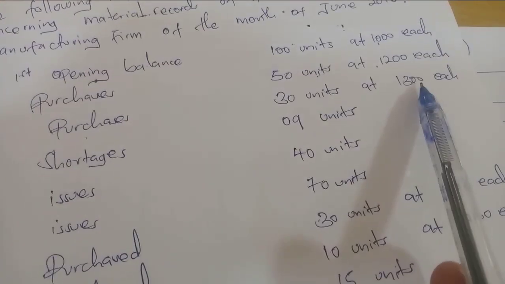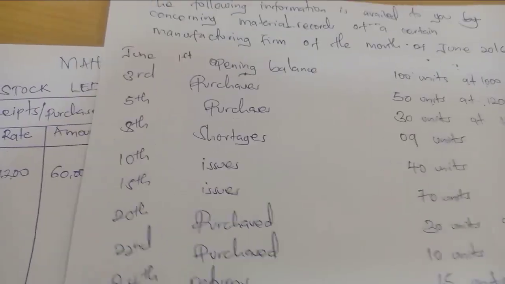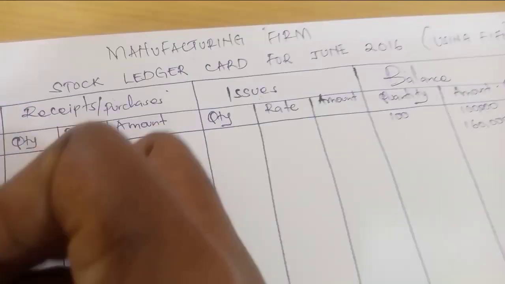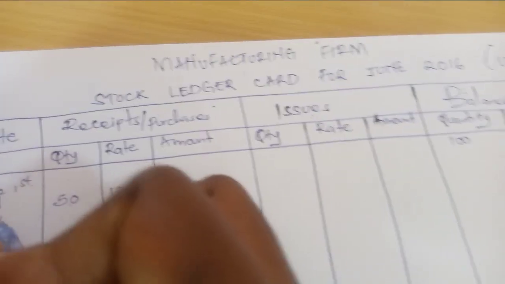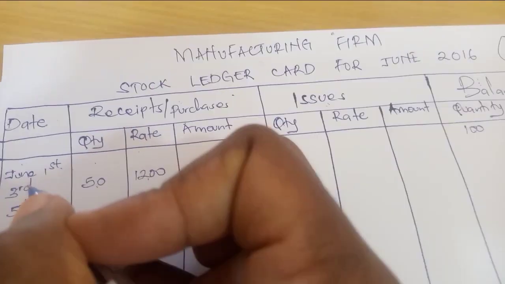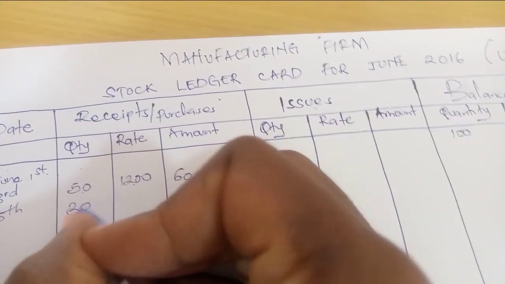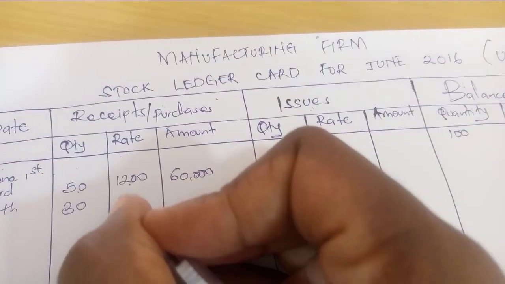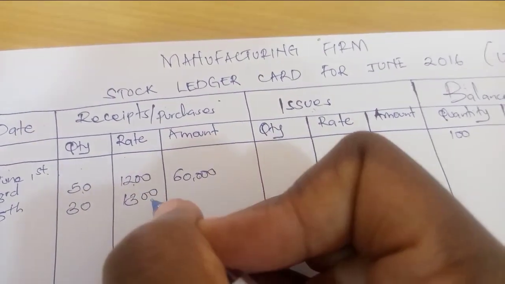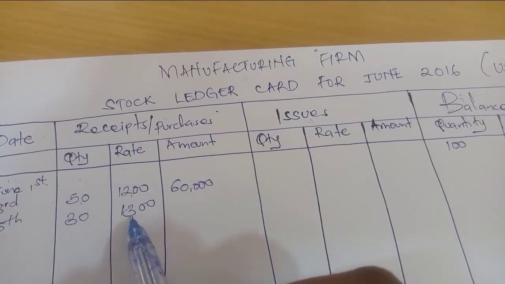On 5th, there was a purchase of 30 units at 1,300 each. So this times this, what we get is 39,000.